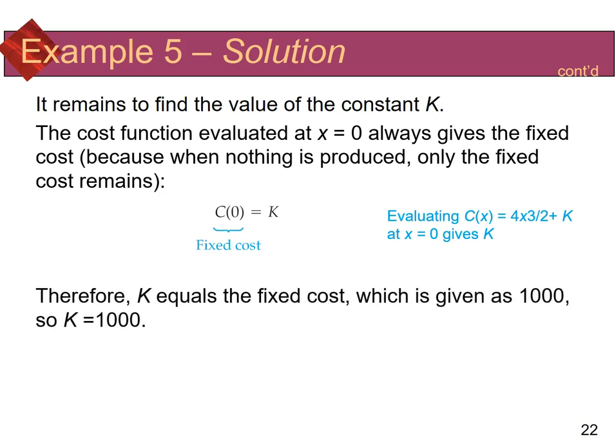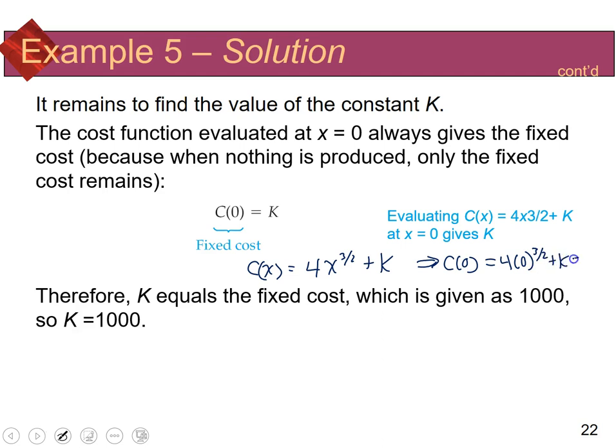Since C of x was 4 times x to the 3/2 power plus that constant, when I do C of 0, I'm going to end up with 4 times 0 to the 3/2 power plus k. So yes, in that instance it does equal k.